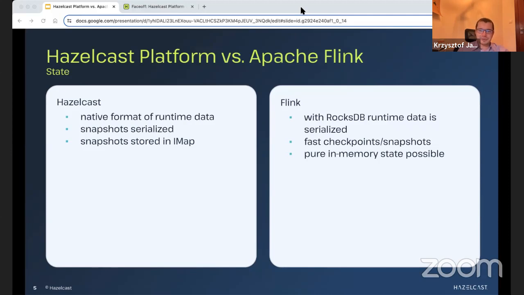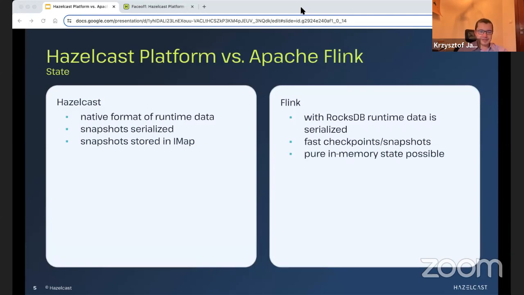But in order to track that, we need to have some state that is kept and updated with the incoming events. And Hazelcast and Flink deal with that. This is one of the major features of stream processing products in general.